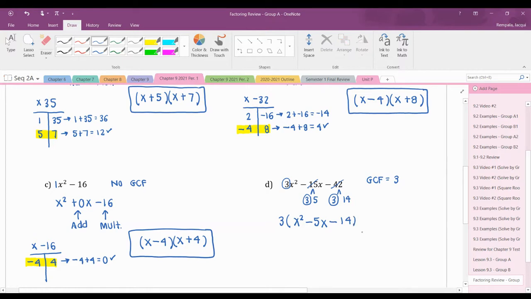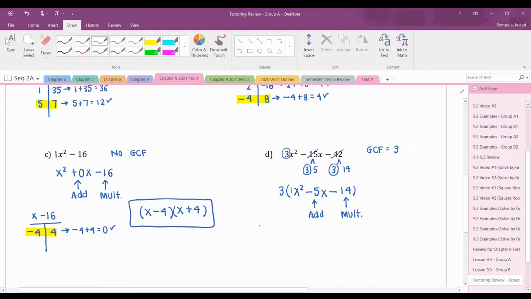Okay, so there's the first half of our factoring, but the directions say factor completely. That means x squared minus 5x minus 14. Notice because now there's a 1 in front of the x squared, we can follow the pattern. What's going to multiply to negative 14, but will add to negative 5?